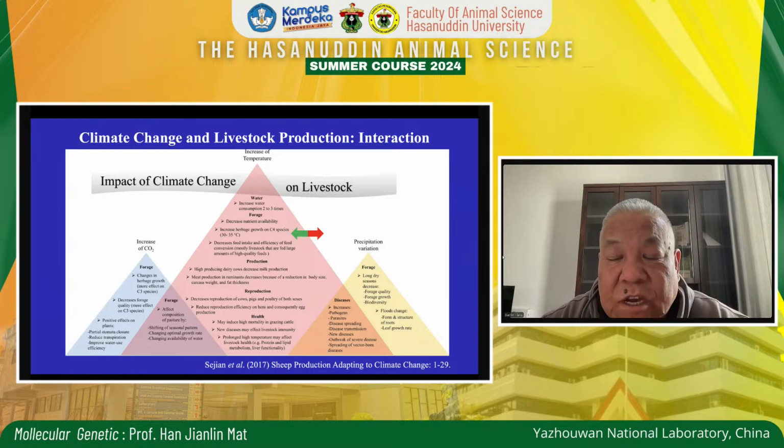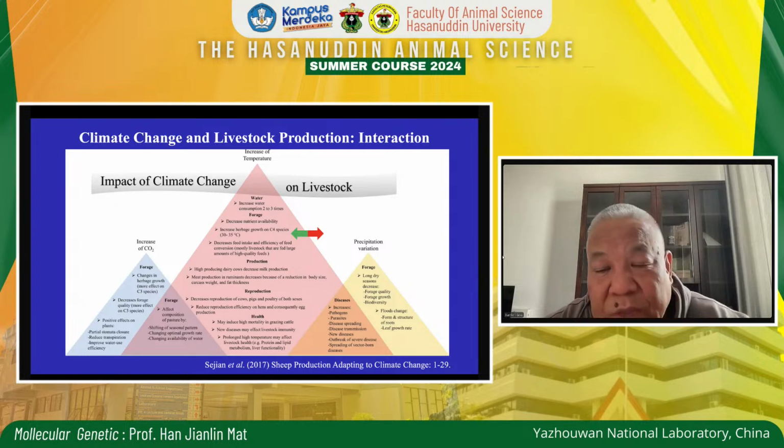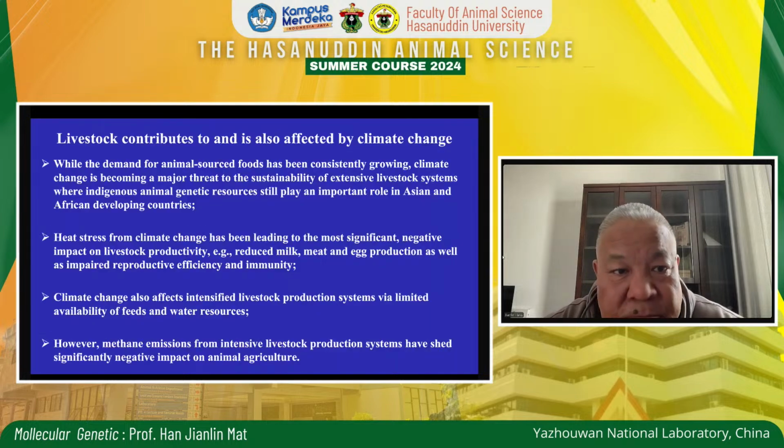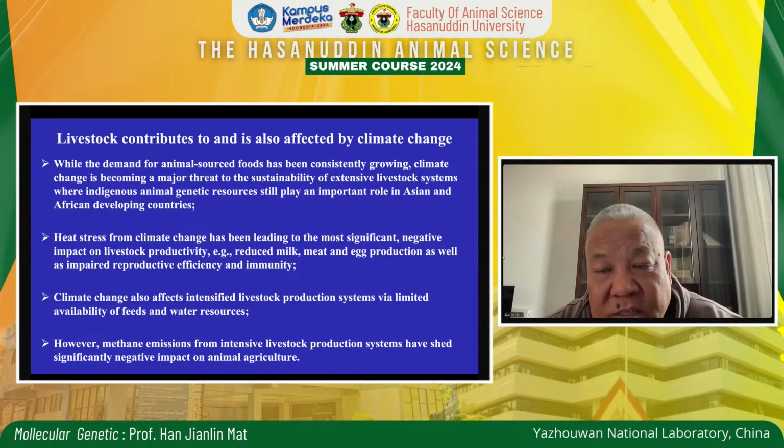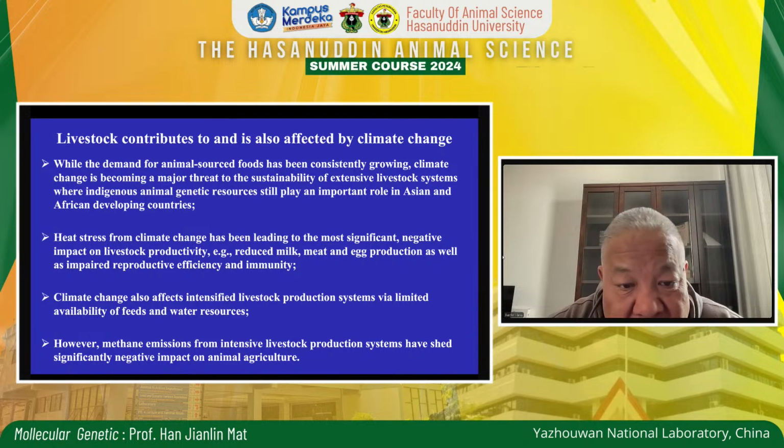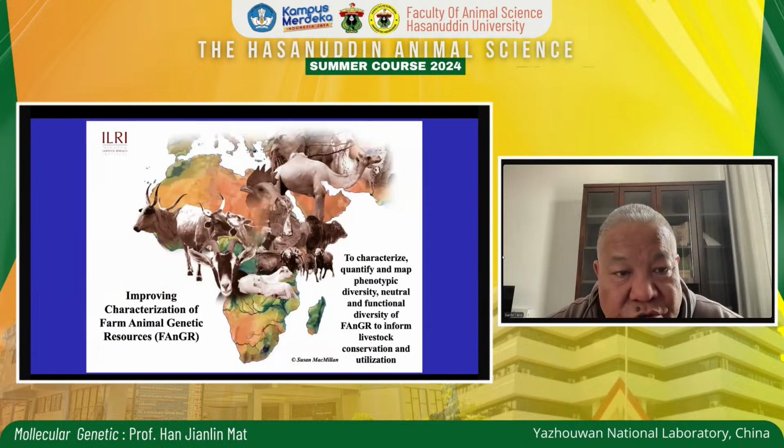We need to find a solution to slow down the release of carbon from livestock production. I think I mentioned already the heat stress will be an issue. Then most of the intensified livestock production will be affected because of the limited availability of feed and water resources. So these are all the issues we will be facing.